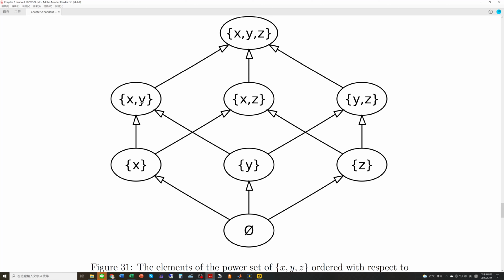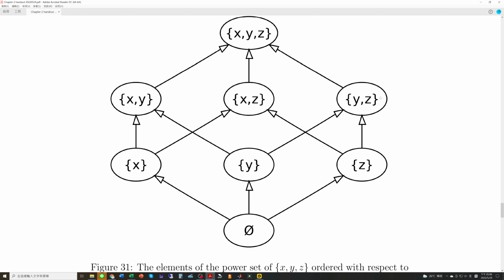And the set which contains x, y includes this set and this set. And the set which contains x and z includes this set and this set.